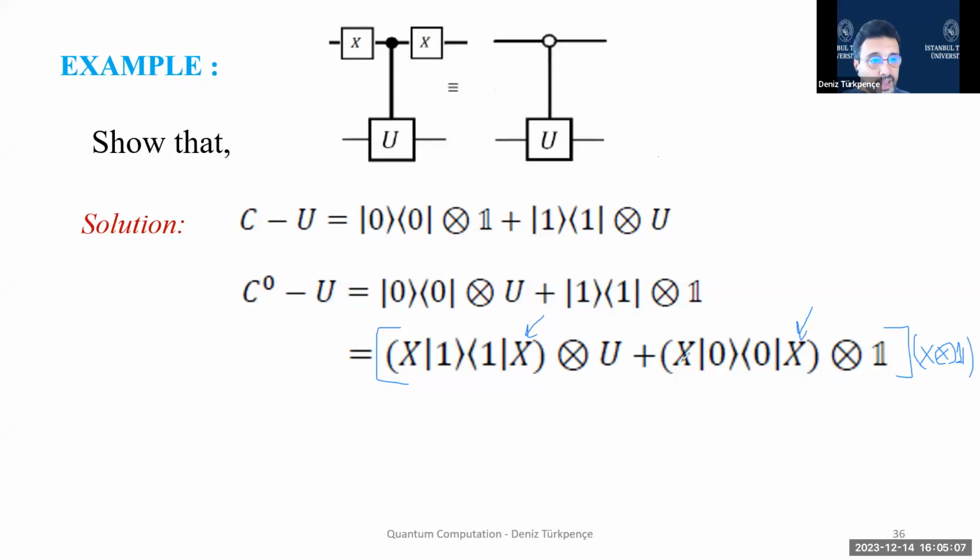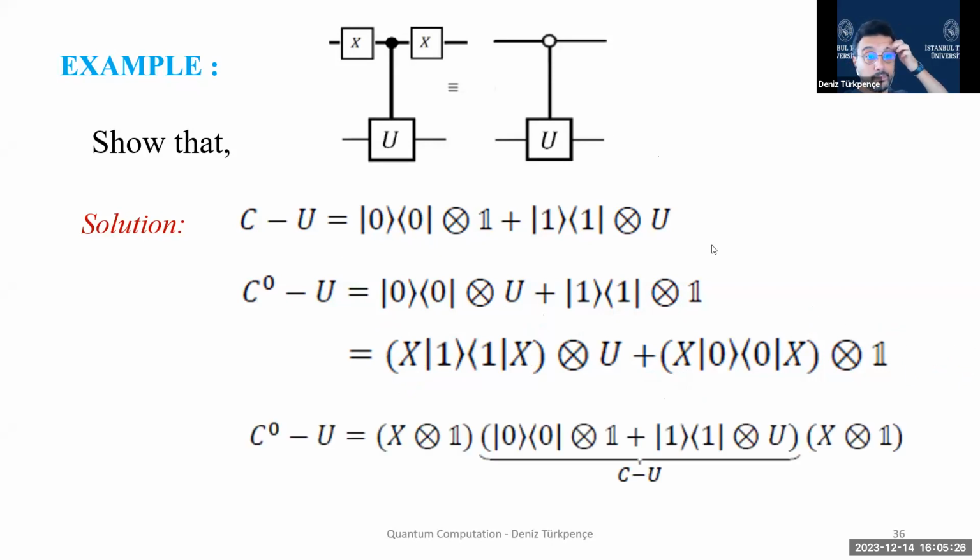And for this X, and this X, I will write to the left-hand side of the parenthesis. And if I do all these things, what is left inside the parenthesis is the following. So what is left inside the parenthesis is simply the controlled U operation. Okay.